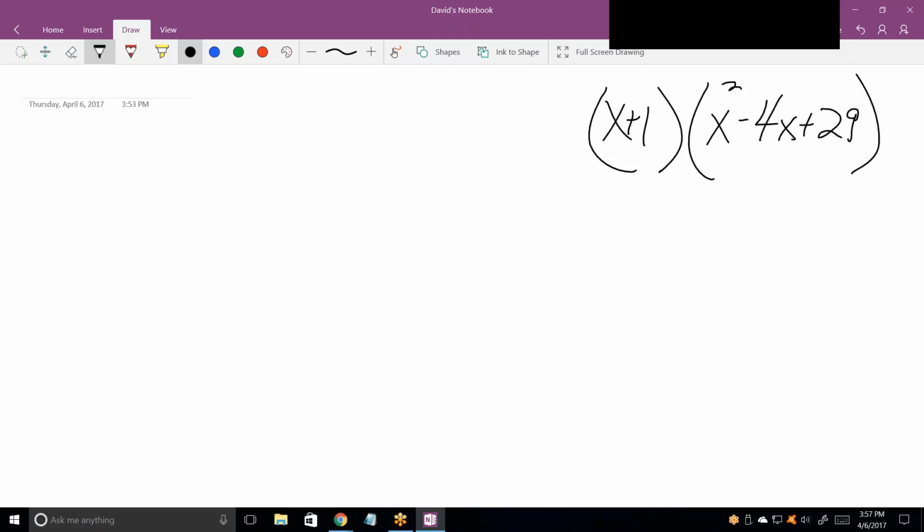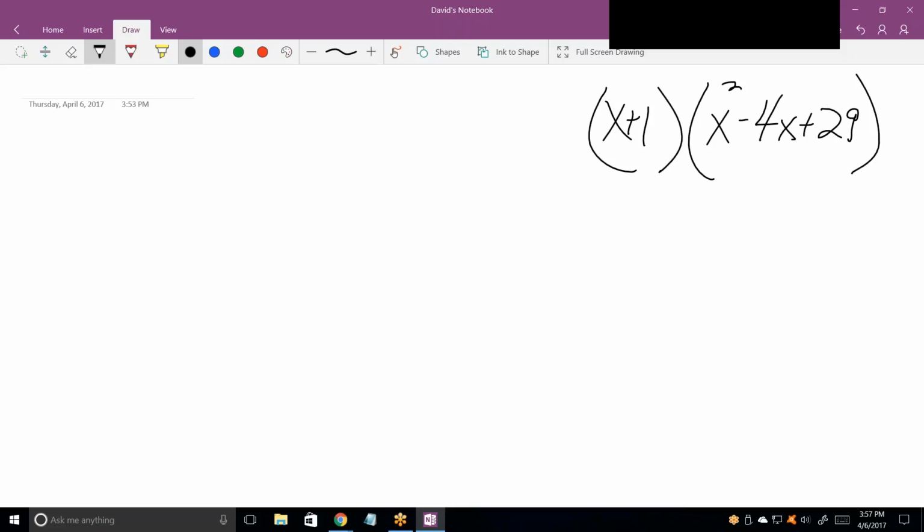In other words, we would have to have factors of 29 that add to the number 4. The only factors of 29 are 29 and 1. So it's not just the fact that it's a prime number. It's the fact that I know I cannot get the minus 4 with a combination of 29 and 1.